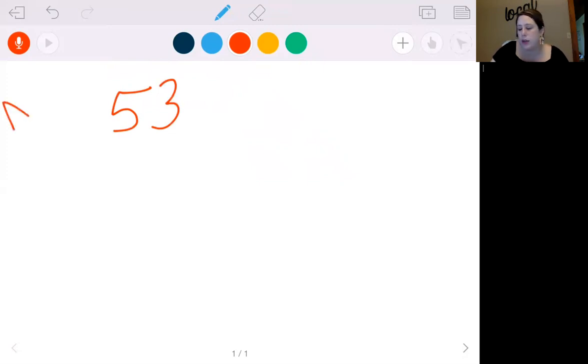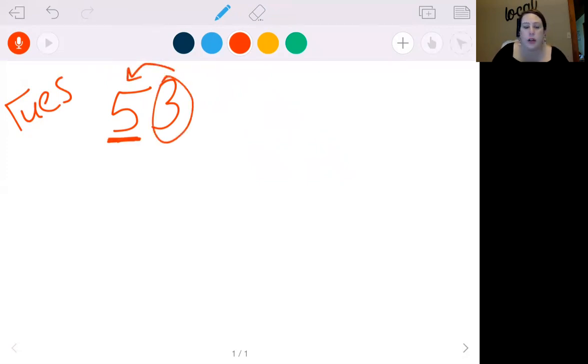I'm going to put Tuesday back up here, just in case anybody's starting right here. We need to round to the nearest 10. So I'm going to underline my tens place, and I'm going to draw an arrow. When I look at the number to the right, you might want to circle it. The 3 is the number we want to look at.